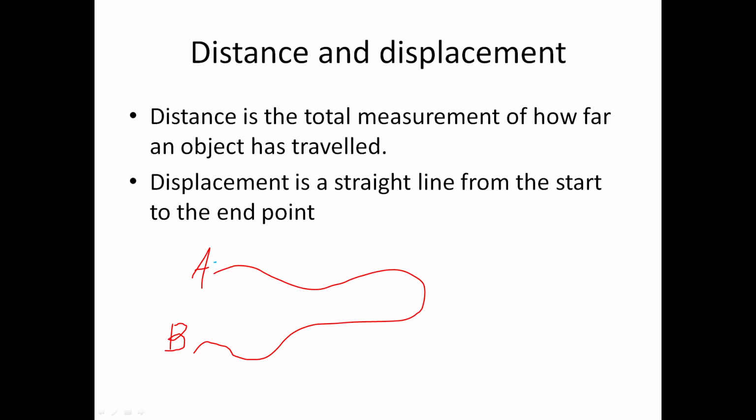The distance would be this blue line that follows the red path, because that's the total amount that the hiker has walked. Meanwhile, the displacement would be a straight line from point A to point B. Just a straight line.